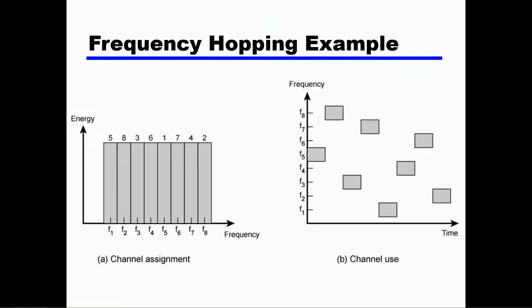At first it might not seem so, but there is a channel sequence of 5, 8, 3, 6, 1, 7, 4, 2. You'll notice that they're hopping between channels 1 and 8. I would imagine that they'll also repeat afterwards. If they were using additional channels, we'd be hopping between those channels.